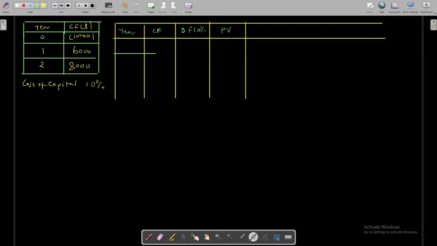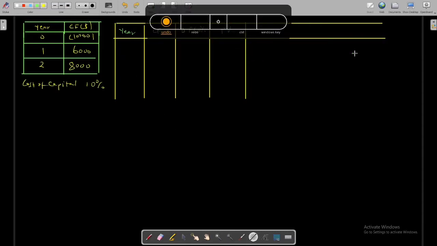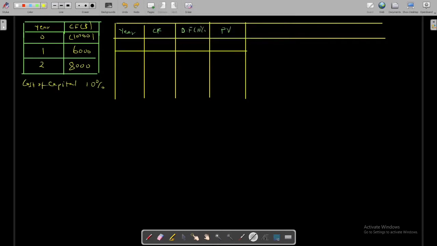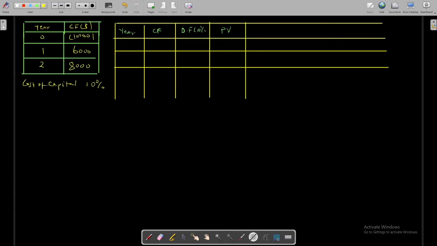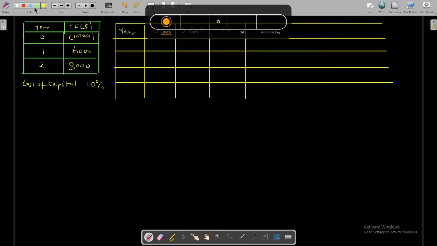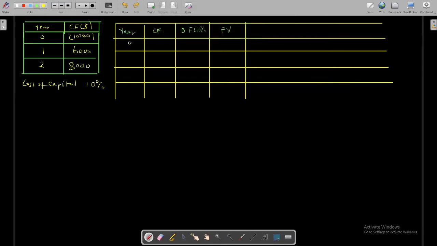So this one will be year 0, year 1, and year 2. For year 0, an initial investment of $10,000 was made.